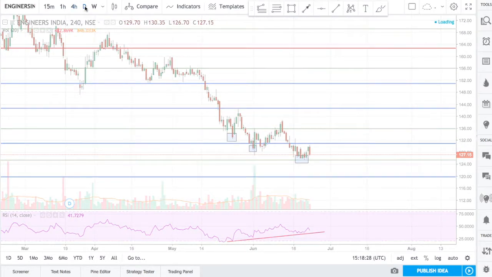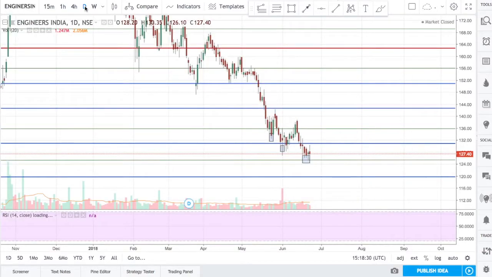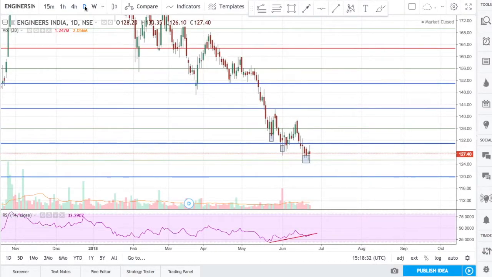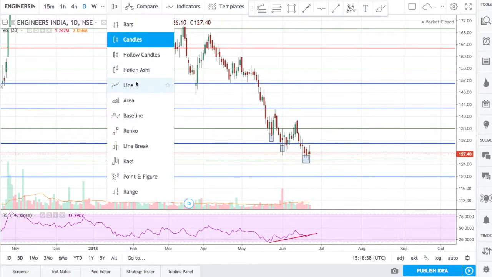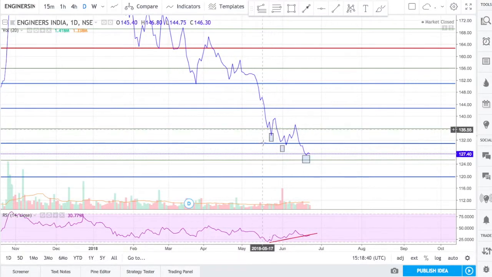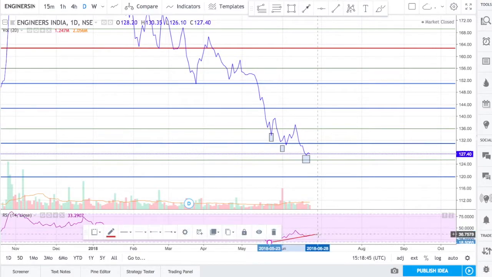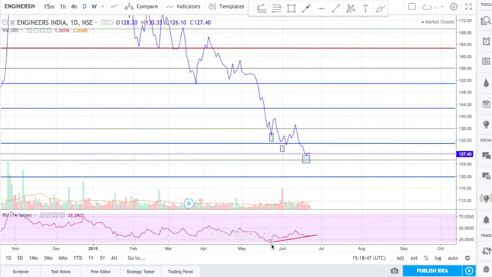Now let's move to a higher time frame, the daily time frame. On the daily time frame too, we can see these lower lows and RSI diverging on these three lower lows.